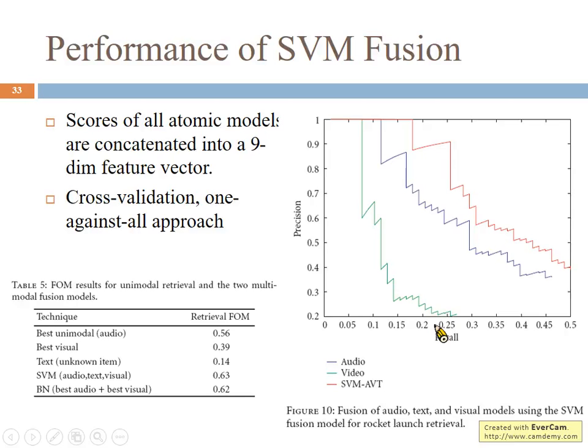And this is the result obtained by SVM. If we combine audio and visual information, we get better precision recall results. The scores of all atomic models are concatenated as a 9-dimensional feature vector, and they do cross validation and a leave-one-out approach.